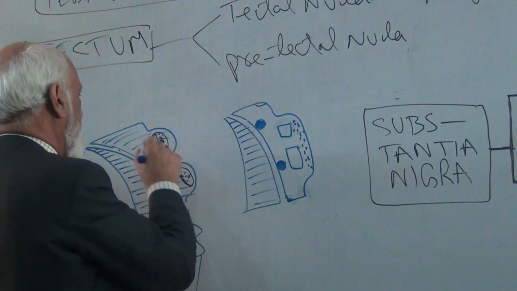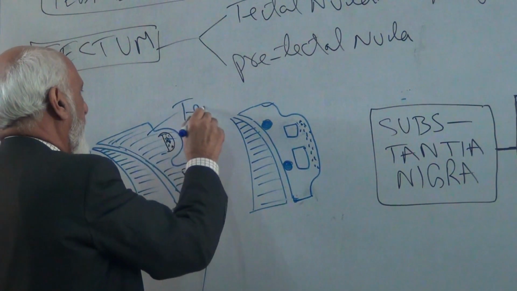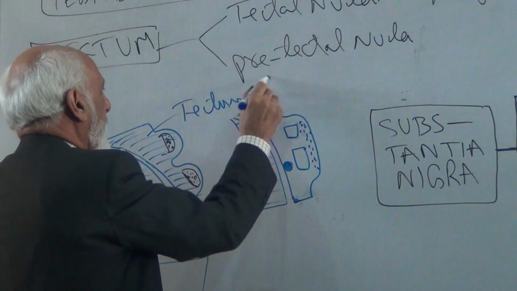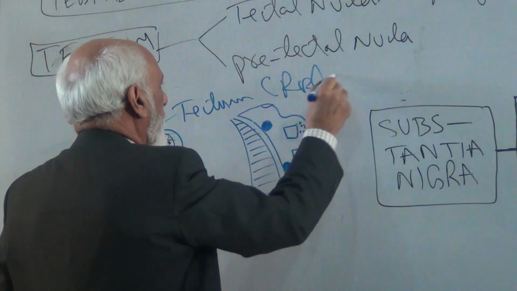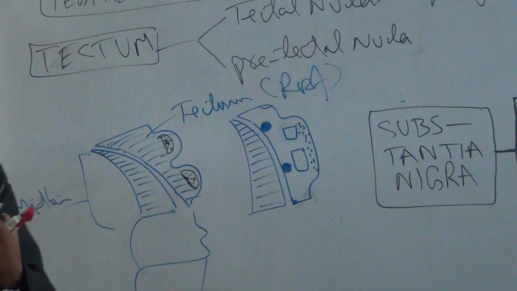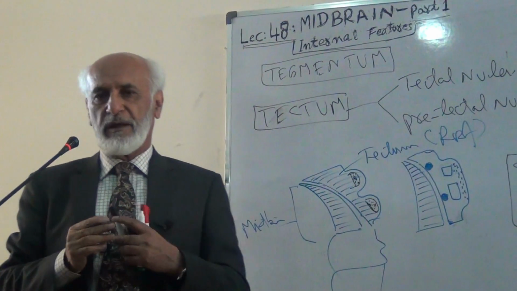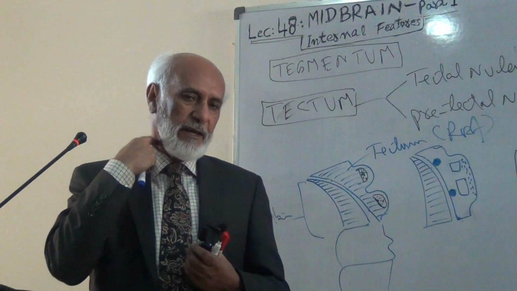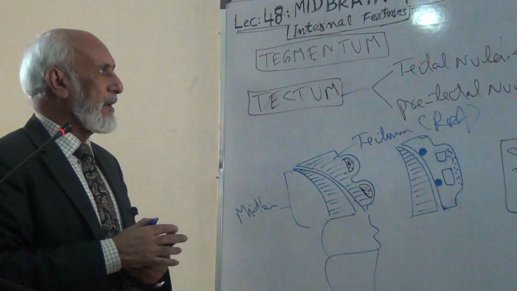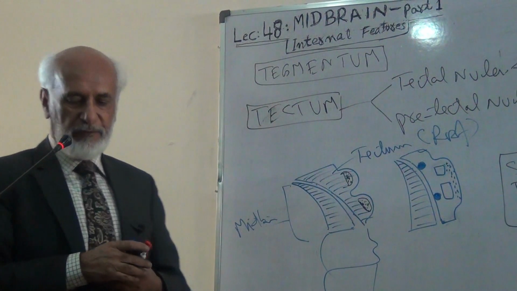So this is why this part is known as the tectum, roof. And the nuclei of superior colliculi, nuclei of inferior colliculi, and pretectal nuclei are embedded in the tectum of the midbrain.